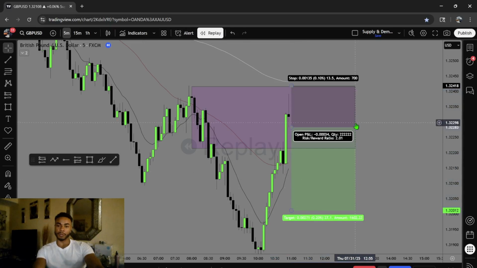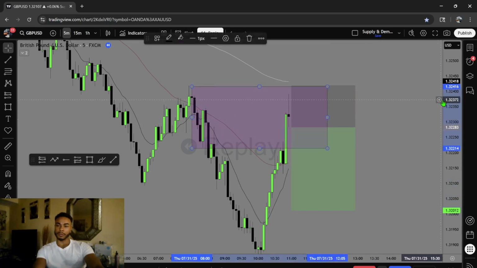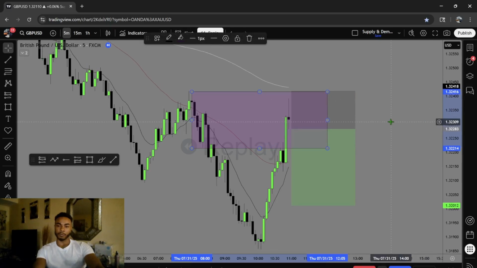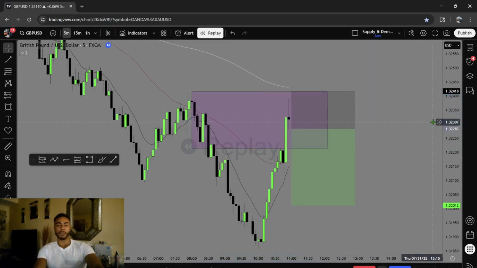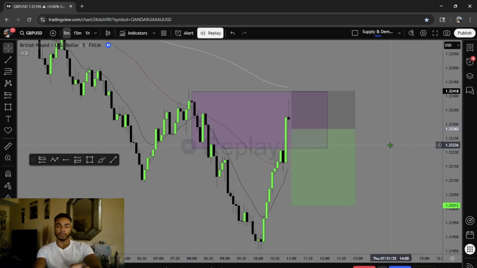Since I don't usually trade this pair, I decided to risk less than I normally would. Normally I would risk maybe $400 to make double, but on this one I decided to risk $200, since it's a pair I don't normally trade, it moves way slower than gold and Nasdaq, and it's just not my type of pair.